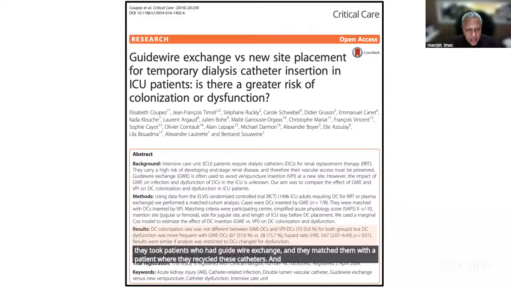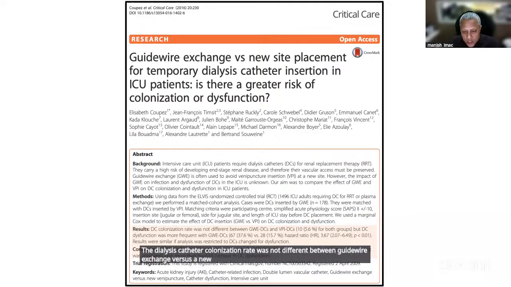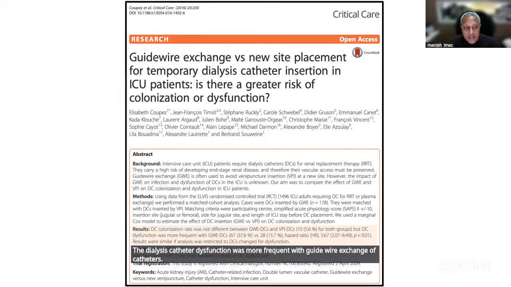What they found is that the dialysis catheter colonization rate was not different between guide wire exchange versus a new venipuncture insertion, but the dialysis catheter dysfunction was more frequent with guide wire exchange, 37.6% as compared to 15.7% if you resited it to a new site.